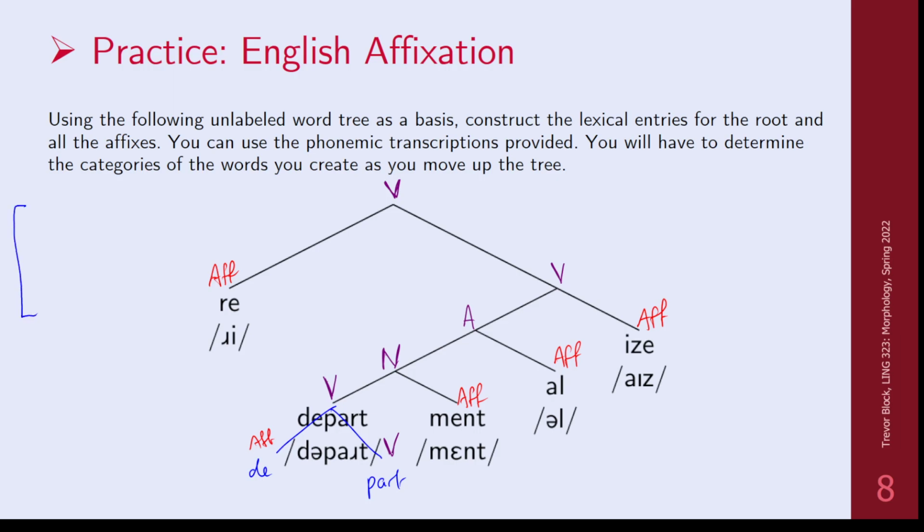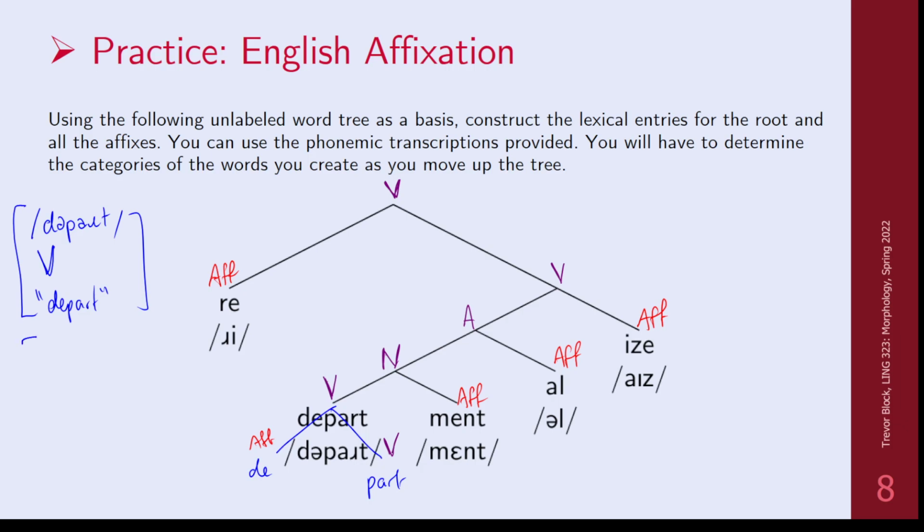So for depart, we have part as the phonetic transcription. We have the verb as its category, and then the meaning is just "depart." So we'll just use the word in quotation marks to give the meaning. We could come up with some paraphrase for it, but that's fine.